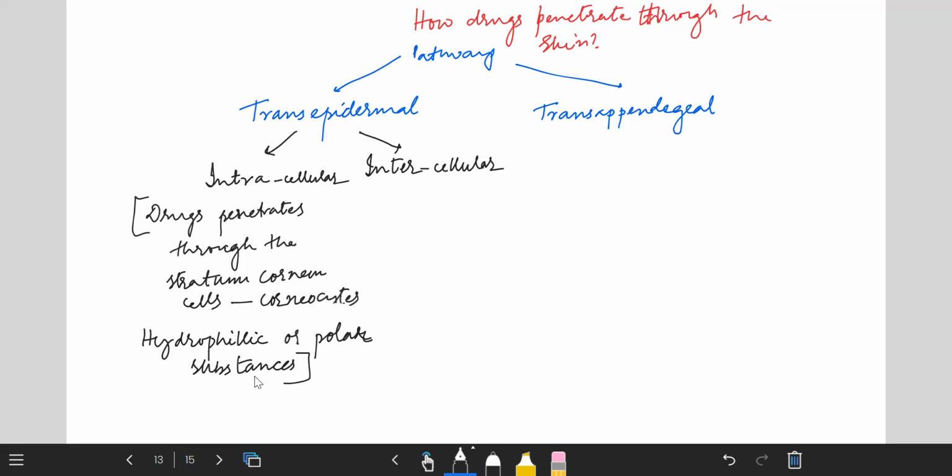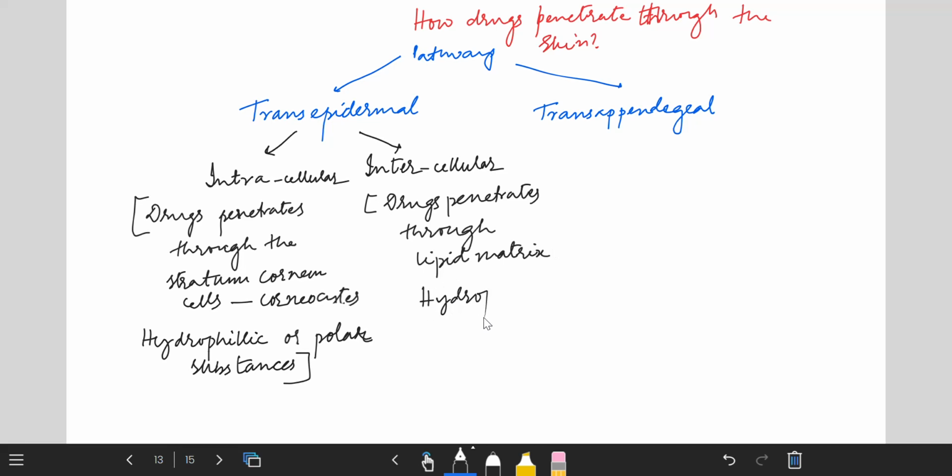And in the intercellular route, transportation of lipophilic or non-polar substances occur. And drugs actually penetrate through the lipid matrix, where hydrophobic or non-polar drugs or substances are transported.